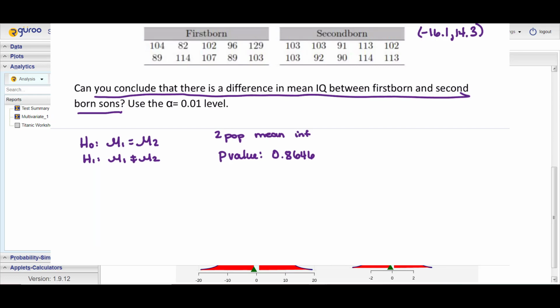Okay, so we're going to compare that to our significance level of 0.01, and this is definitely larger. So if it's larger, again, we fail to reject the null. And if we can't reject the null, we don't have enough evidence for the alternate.